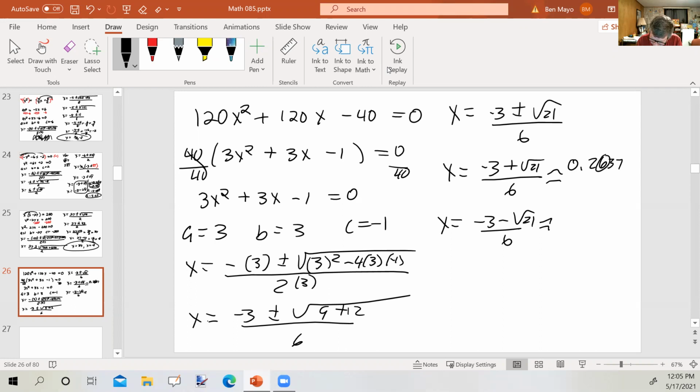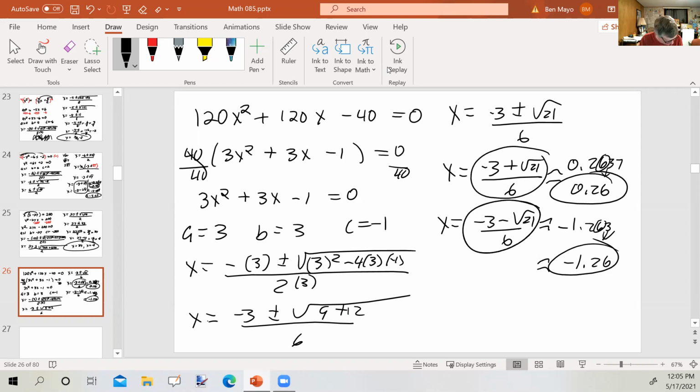The 6 rounds down, so 0.26, and then the other one, -1.263. Again, the 6 rounds down because of the 3, so we get -1.26. So we've got the exact answers and the decimal approximations.